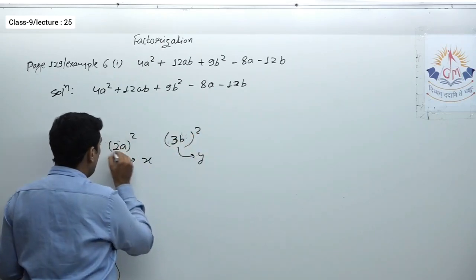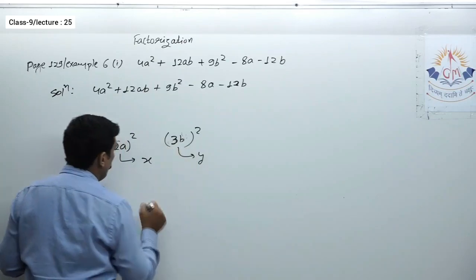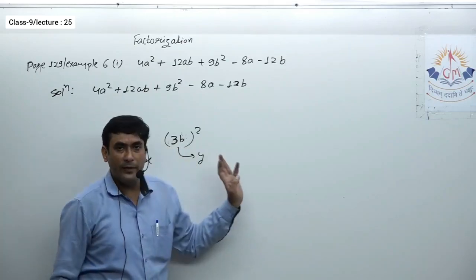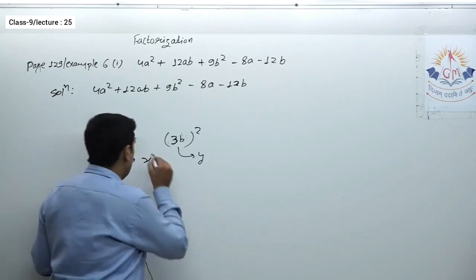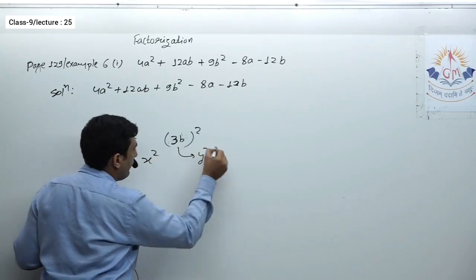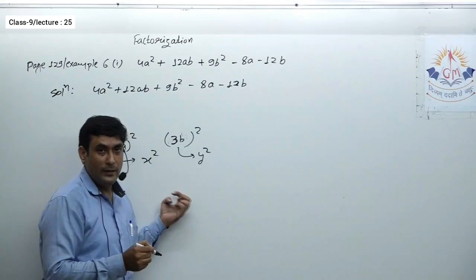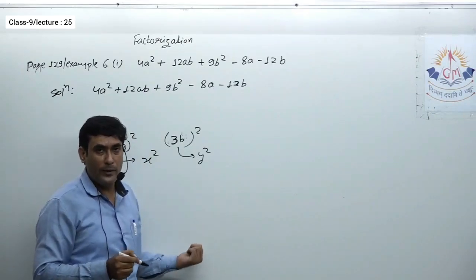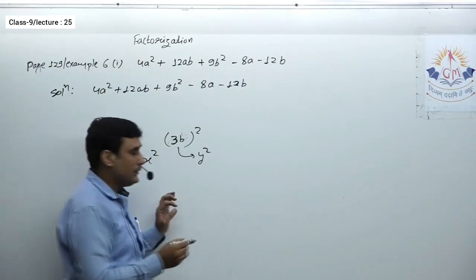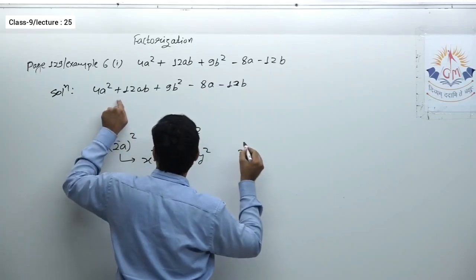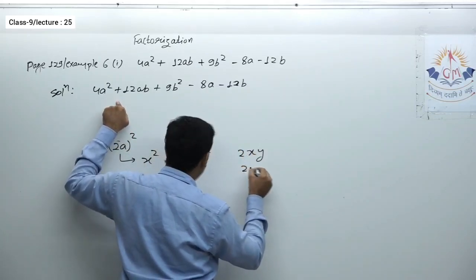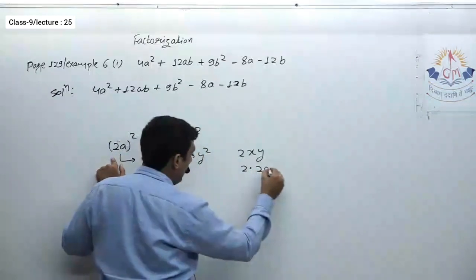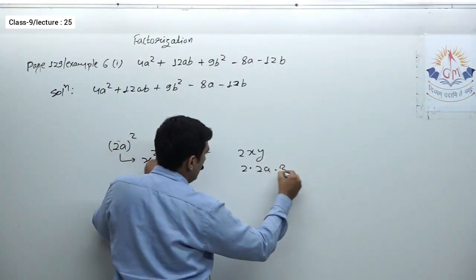If I consider 2a as x and 3b as y, then in the identity of x plus y whole square, this is actually x square, this is y square. So the third term should be either plus 2xy or minus 2xy to make the complete identity. Here, as this sign is plus, I write 2xy, that is 2 into 2a, and y is 3b.